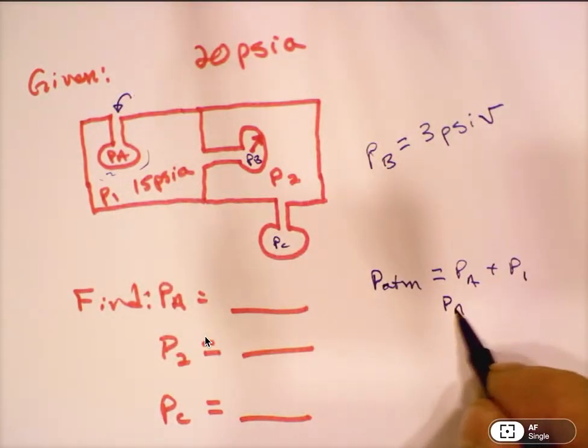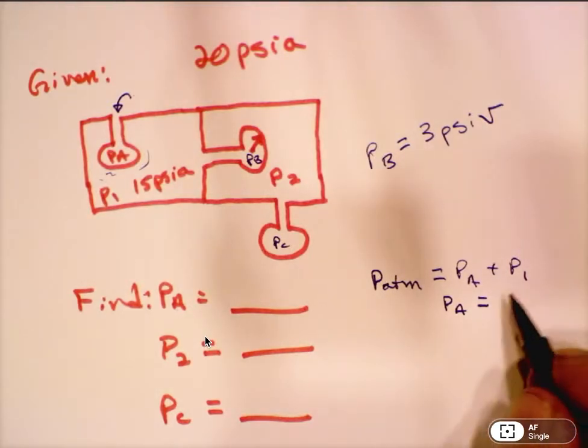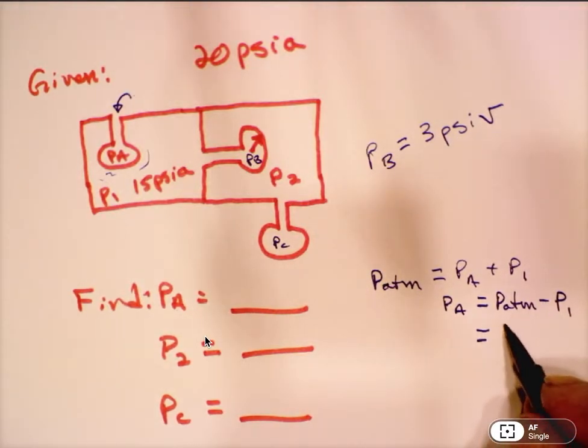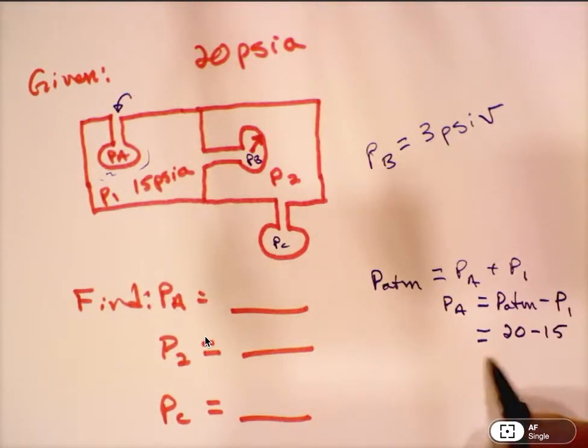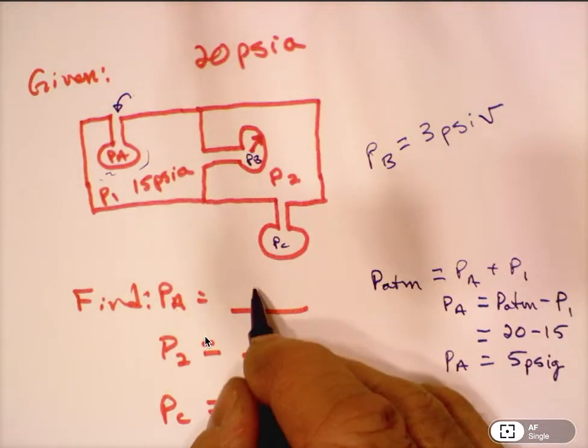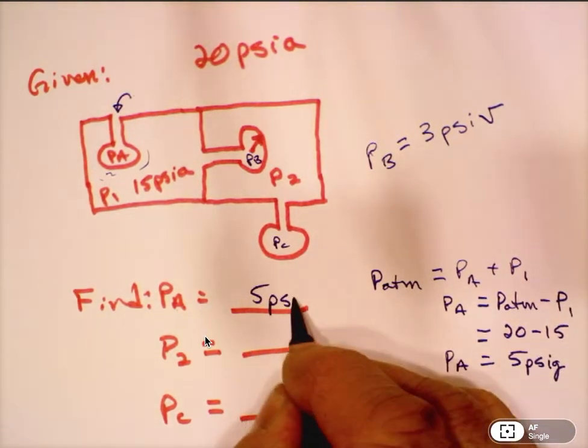So PA equals P atmosphere minus P1 equals 20 minus 15, which is a positive 5. So PA equals 5 psi, positive is G. 5 psig.